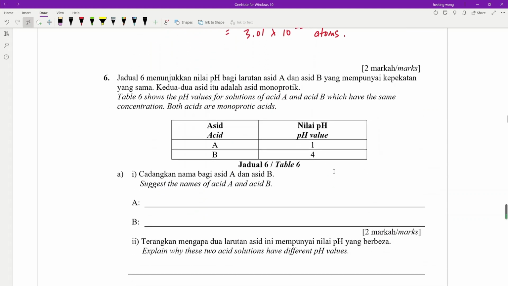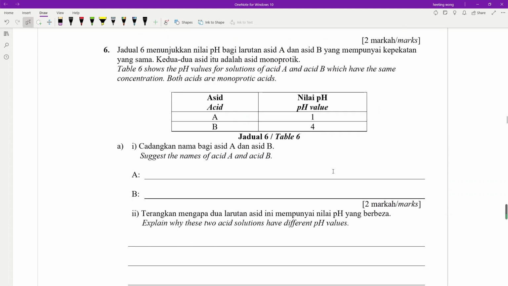Now question number 6. Okay, given to you are the pH values for solutions of acid A and B, which have the same concentration. This one is almost the same as the essay questions later. Both acids are monoprotic acids, so remember that. Acid A pH value is 1, B is pH 4.